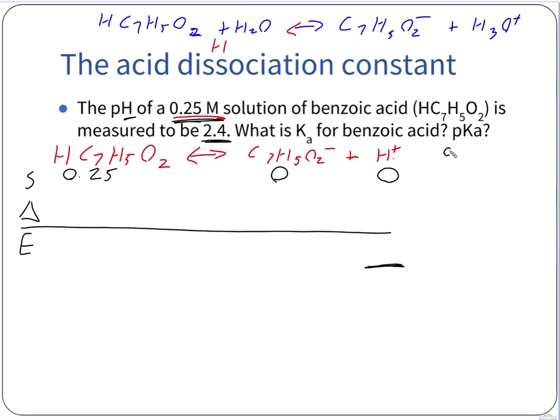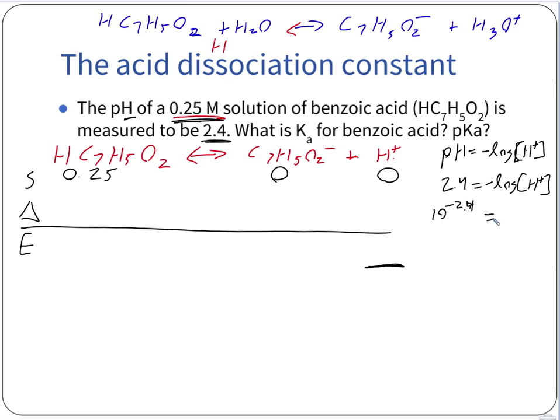So we know that pH is equal to negative log base 10 of the concentration of the H+. The pH here is 2.4, which is equal to negative log of the hydrogen concentration. So the hydrogen ion concentration is 10 to the negative 2.4.